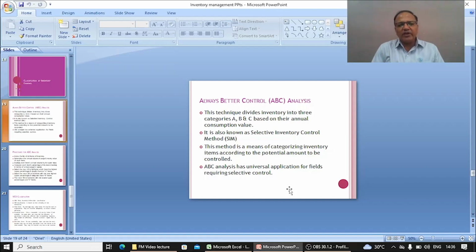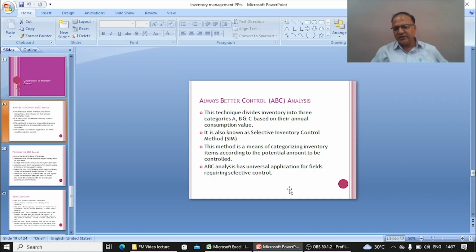And another category is B. If we see the B category items, these are the items where use is more than A category. But if we see the cost component, then the total cost involved in this category of item is lower in comparison to A. Again, the third category is C category.